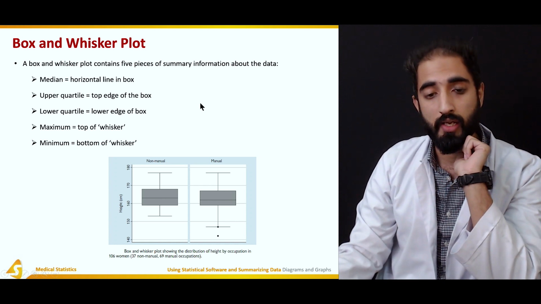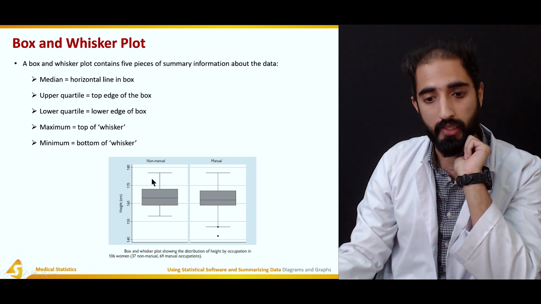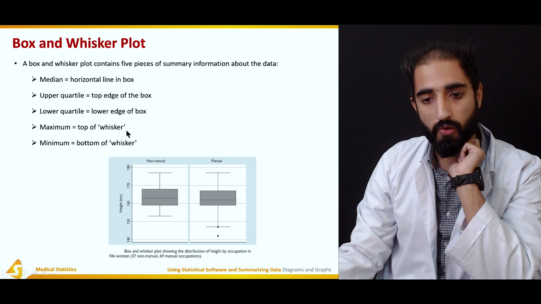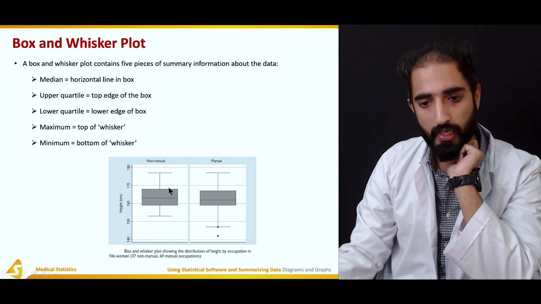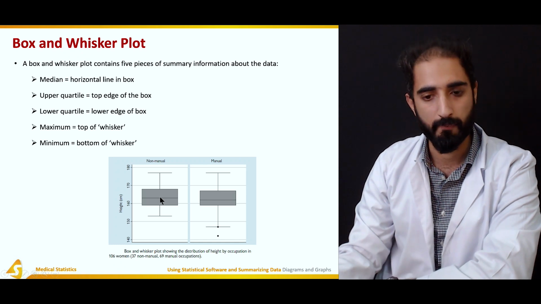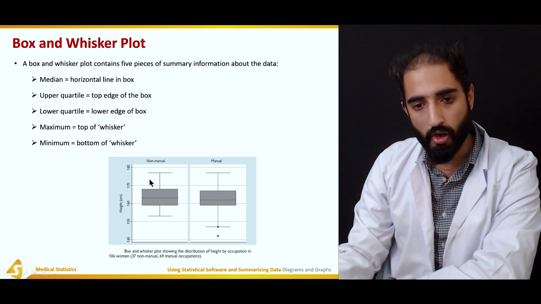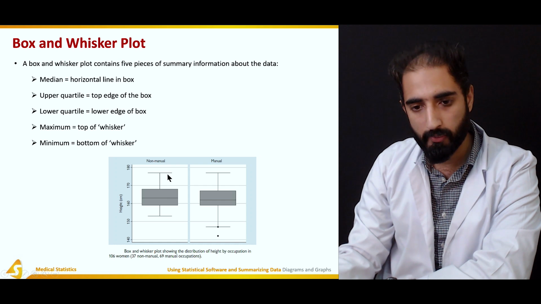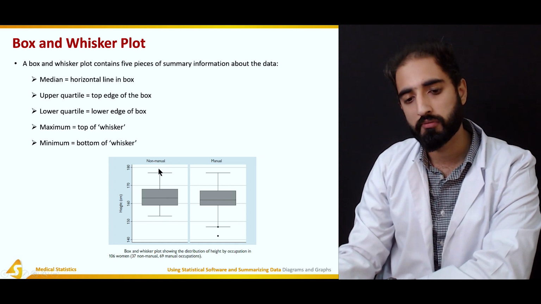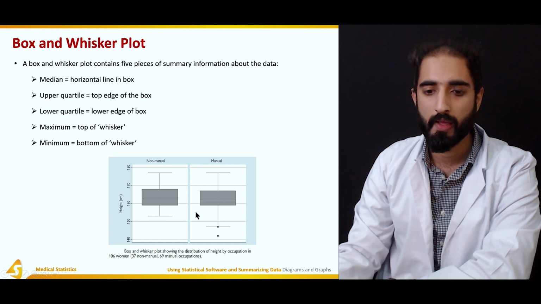It gives us the value of the median. It also gives us the upper quartile. So this is the upper quartile, this is the lower quartile, and this line is the median. This here, which is the top of the whisker, is the maximum value, and this is the minimum value.